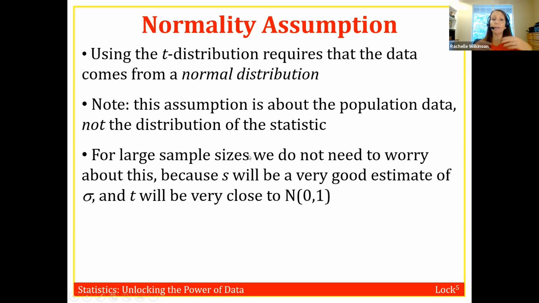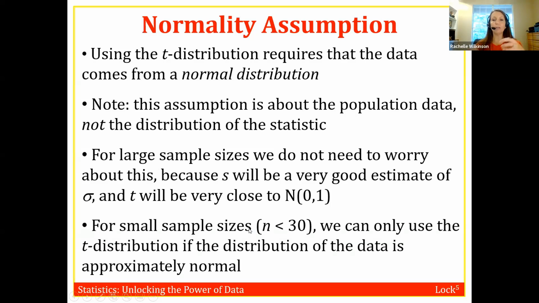But when we have really large sample sizes, then we don't have to worry about that as much because S is going to be a very good estimate of sigma and T is going to be very close to the normal distribution. So the bottom line is that if our sample size is large, then it doesn't really matter what our population looks like.